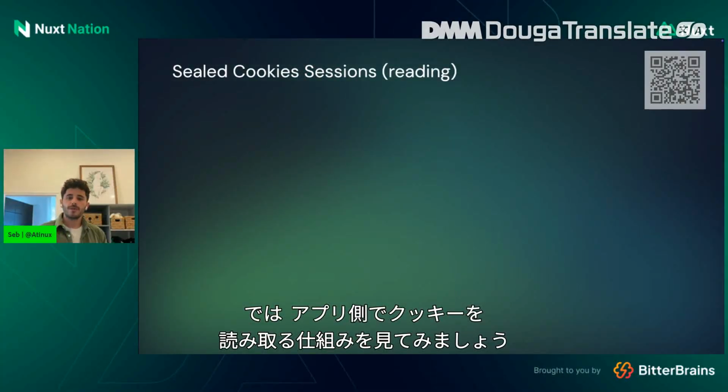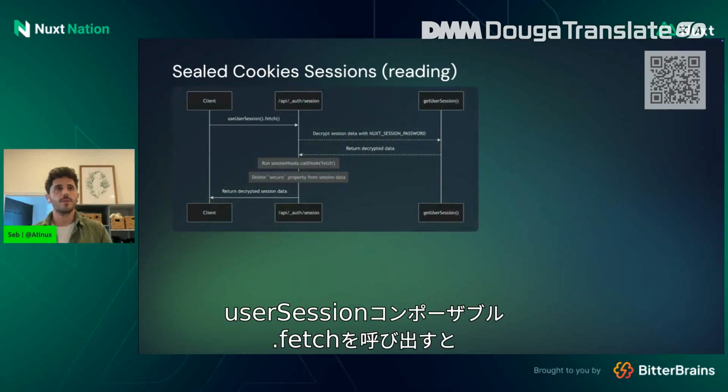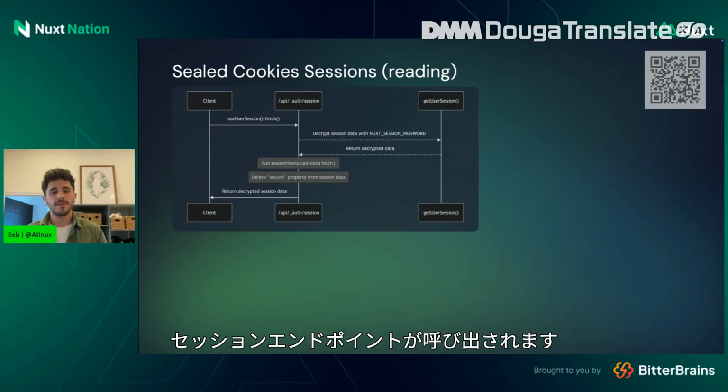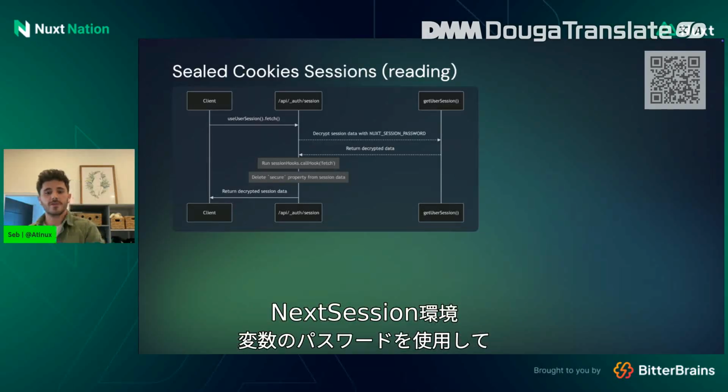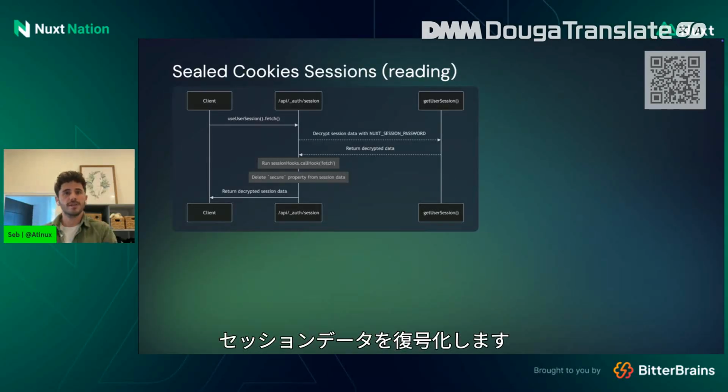So now let's see how it works when reading the cookie on the app side. When we call the useUserSession composable's fetch, the session endpoint will be called. This endpoint is added by the Nuxt Auth Utils module. It will decrypt the session data using the NUXT_SESSION_PASSWORD environment variable.